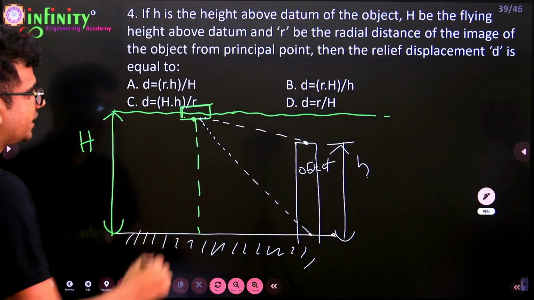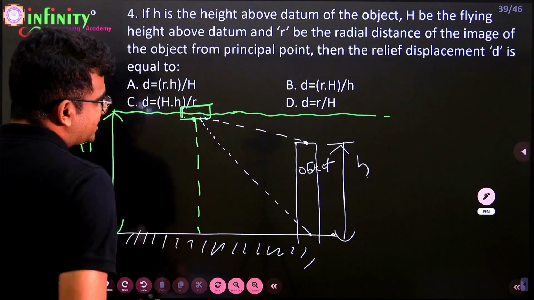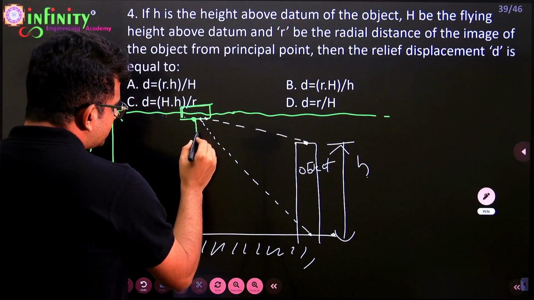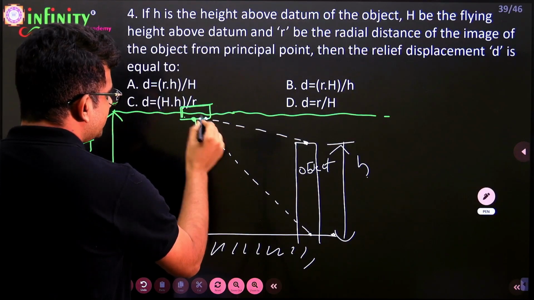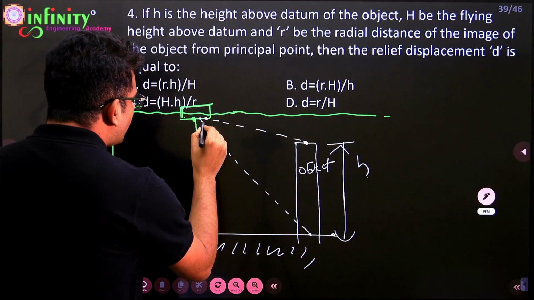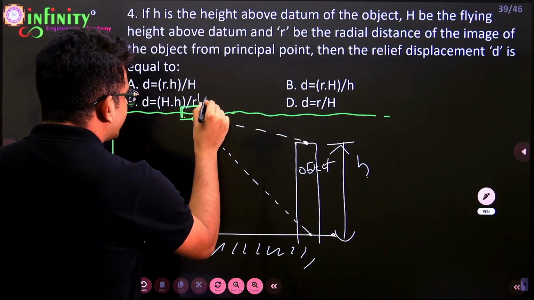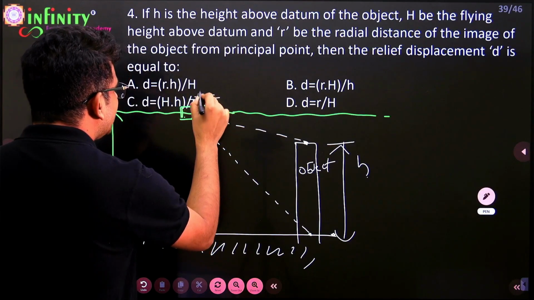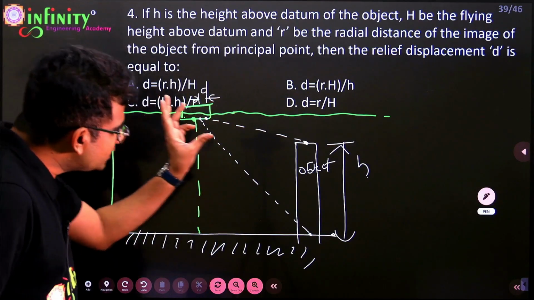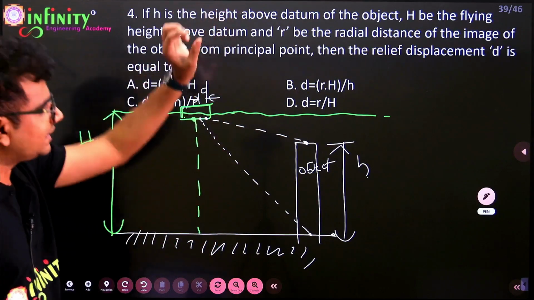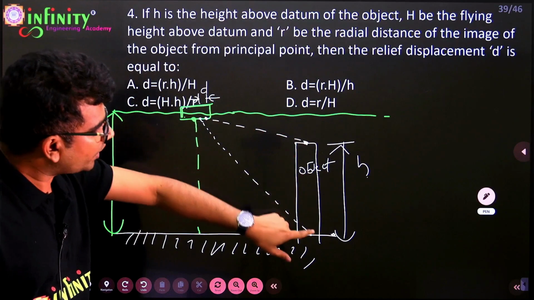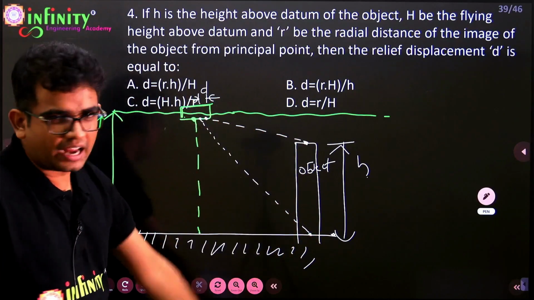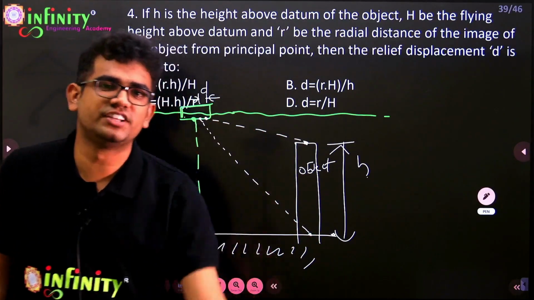The distance between these two points is called relief displacement. Relief displacement means the distance between the top of the object and bottom of the object in the photograph.